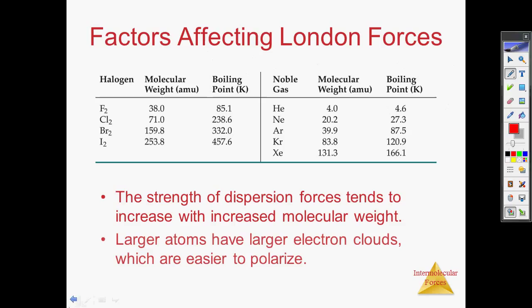Larger atoms have larger electron clouds, which are easier to polarize. What does polarize mean? You've got to know what polarize means. It's the ability to form a dipole.